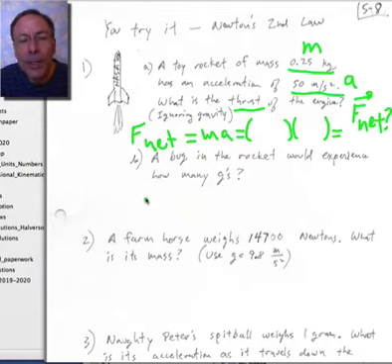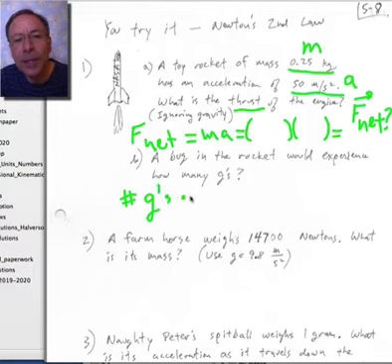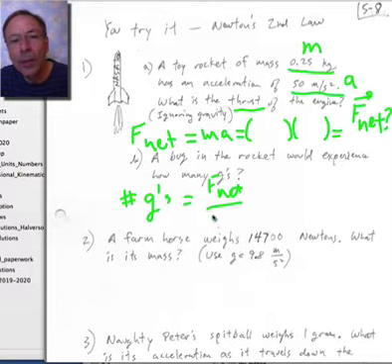Now, once again, I think we mentioned this before, but the number of G's is defined to be the force caused by the acceleration divided by the weight. That's one way.